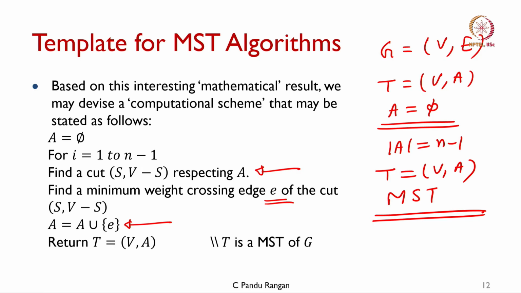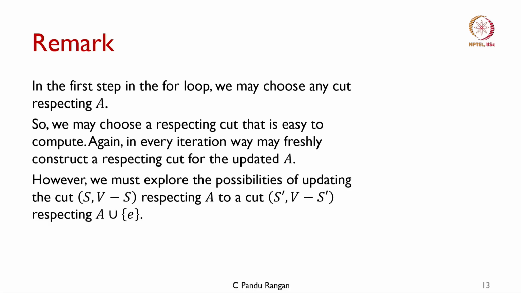There are choices, so we have to make clever choices. Any cut respecting A we can choose. Therefore, we have to choose the cut in a clever way, so that construction of the cut and finding the minimum weight crossing edge can all be done efficiently. If you work with a complicated cut, searching in that could become very inefficient.